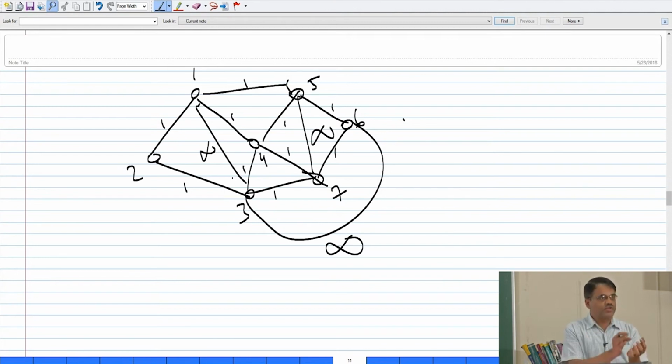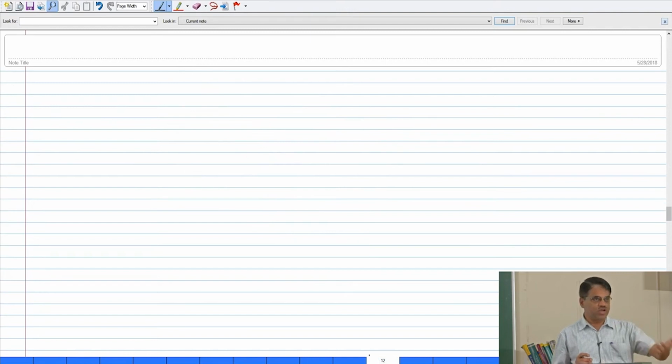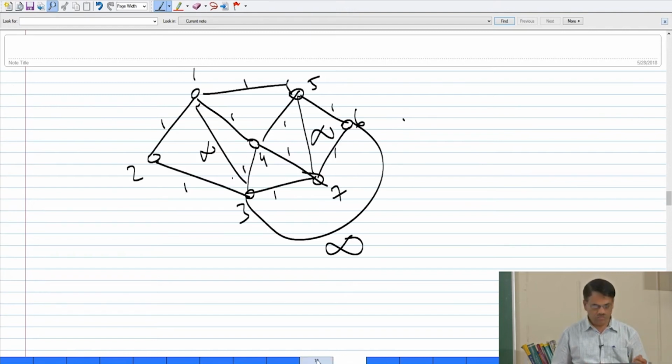So if G has a Hamiltonian cycle, the same Hamiltonian cycle is also present in G prime, but with total distance n, right? But suppose G does not have a Hamiltonian cycle. G prime has many Hamiltonian cycles because it is a complete graph. But what can you say about the distance of any Hamiltonian cycle in G prime?